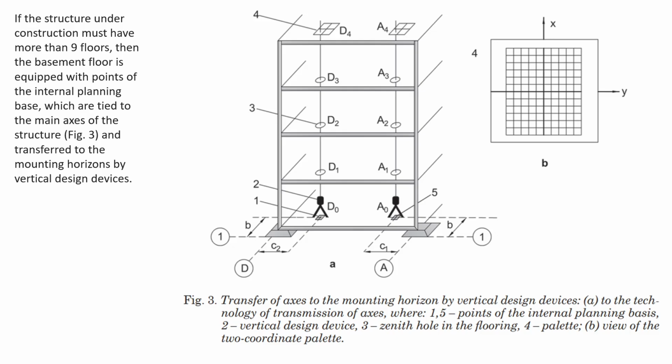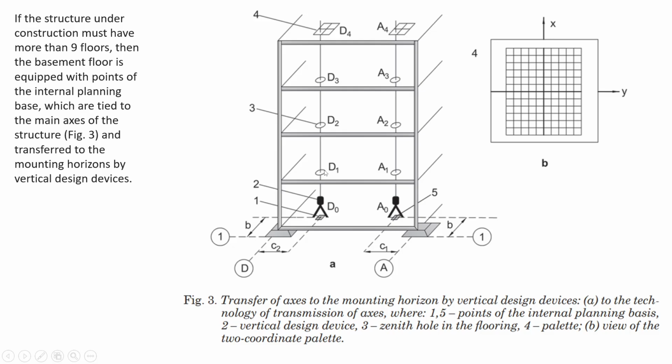If the structure under construction must have more than 9 floors, then the basement floor is equipped with points of the internal planning base, which are tied to the main axis of the structure and transferred to the mounting horizon by vertical design devices.